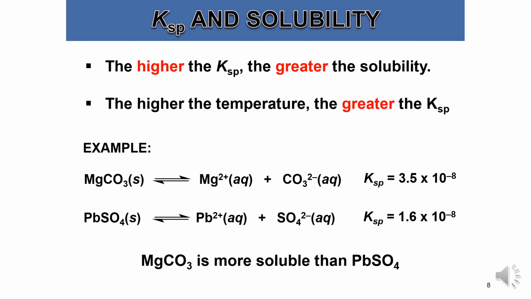So we compare the values of Ksp. We find that the Ksp for MgCO3 is higher than for PbSO4, so MgCO3 is more soluble than PbSO4.